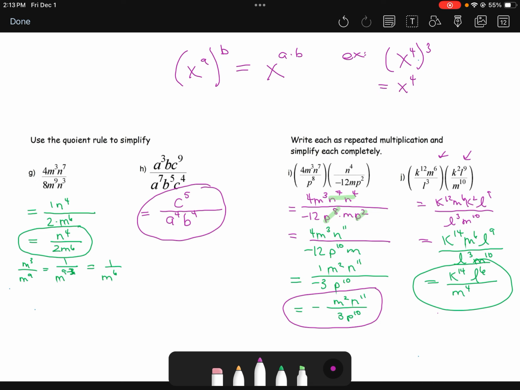Remember, what that means is I'm taking x to the 4th times itself 3 times. Well, now we're back in that product rule. So what do you do with the product rule? You add: 4 plus 4 plus 4 is 12, x to the 12th. Or you could look at it as x to the 4 times 3, which gives you x to the 12th. So if you have a power to a power, that means you want to multiply your exponents.